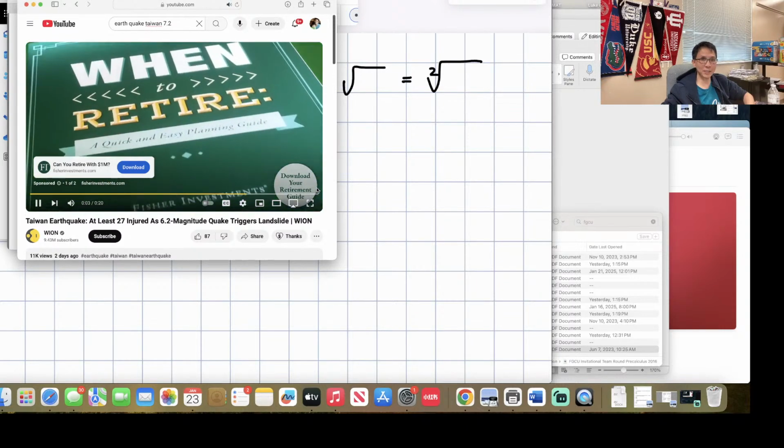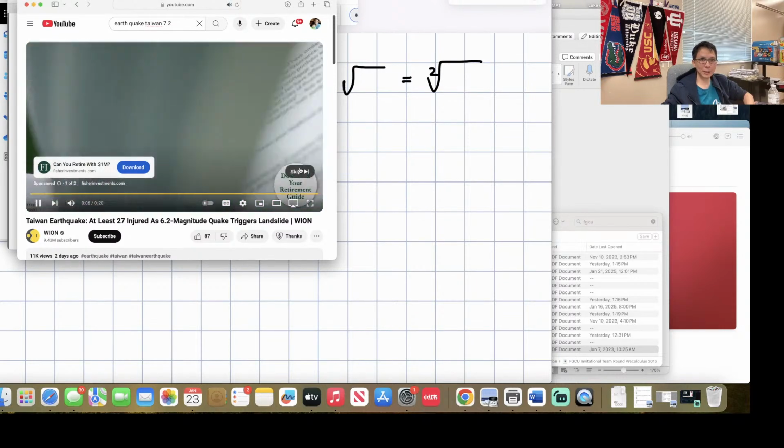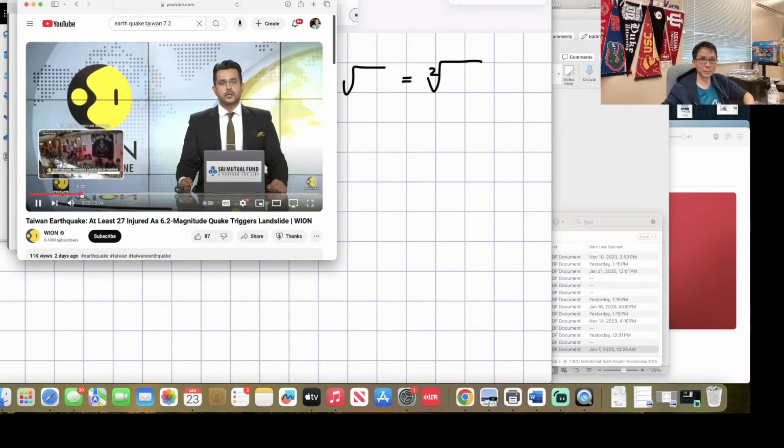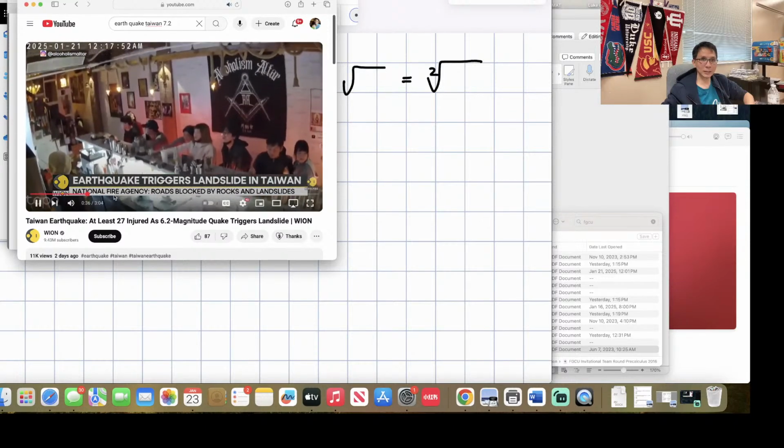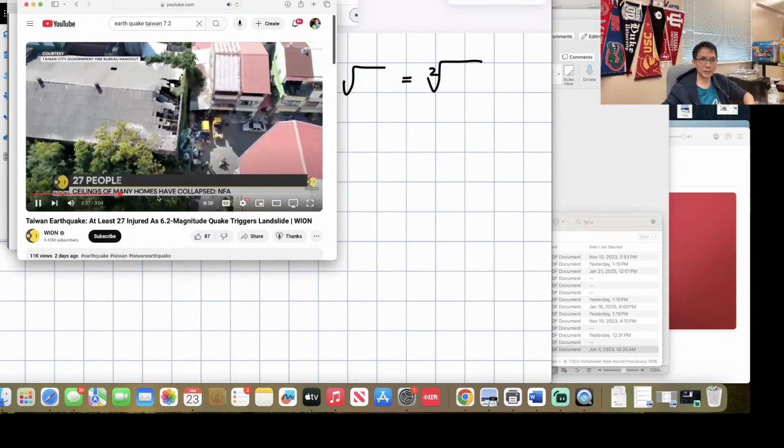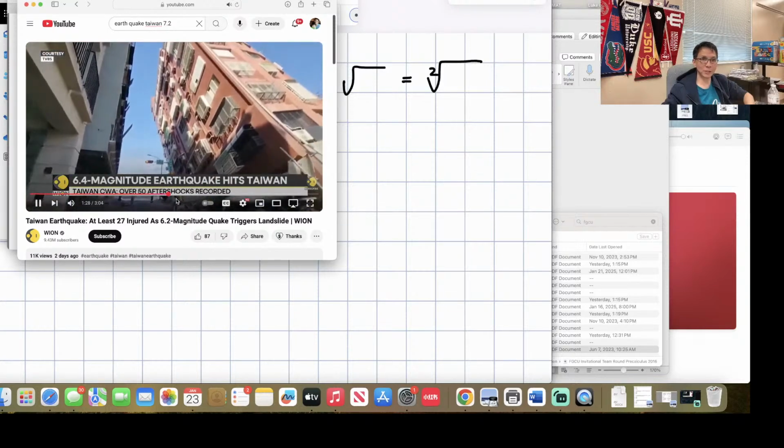Those of you who have never seen an earthquake before, they can cause this much damage.